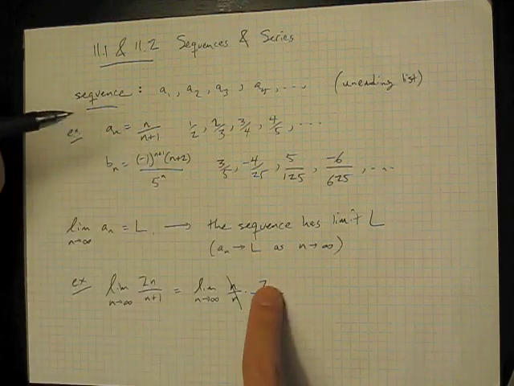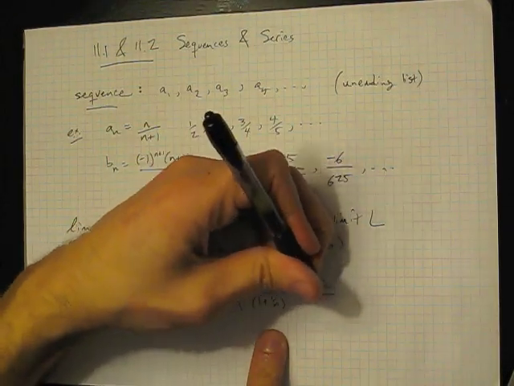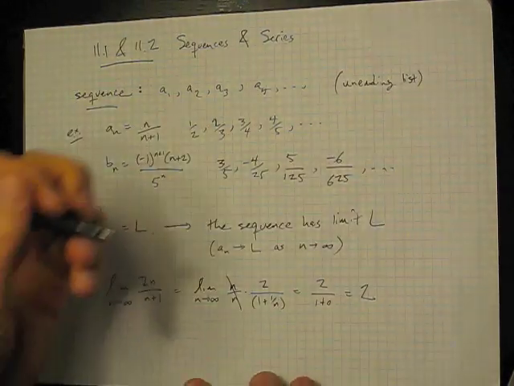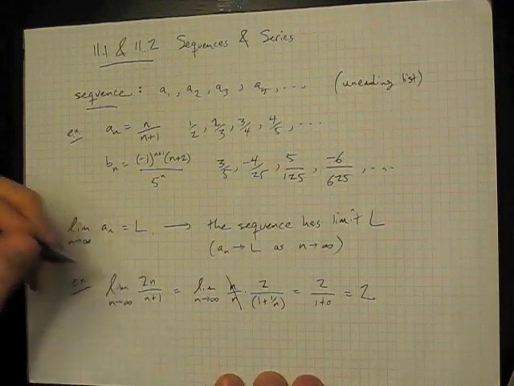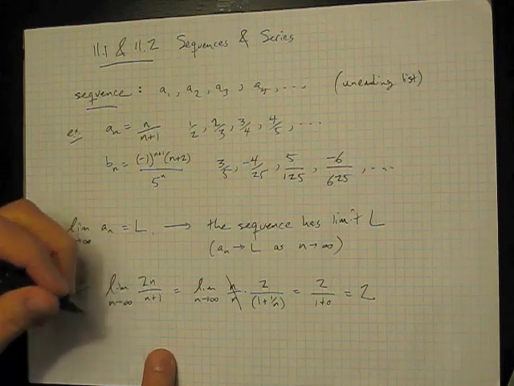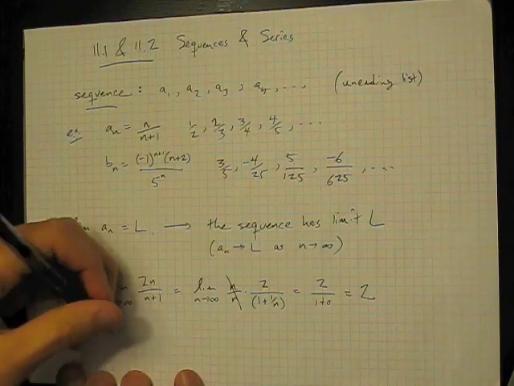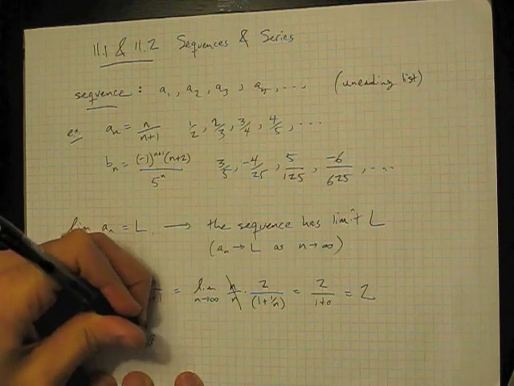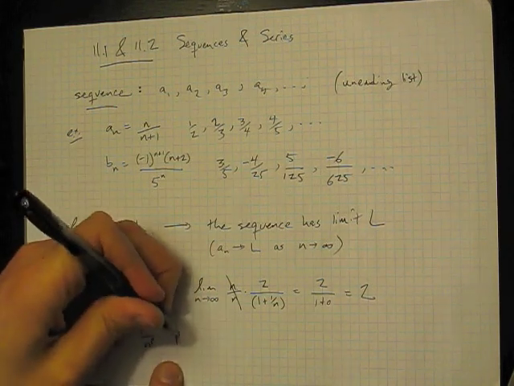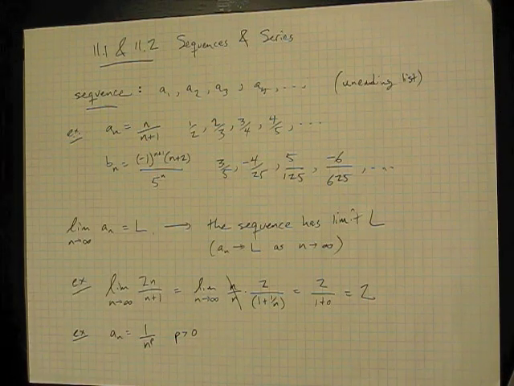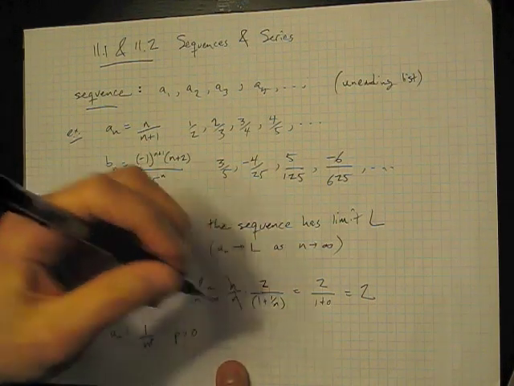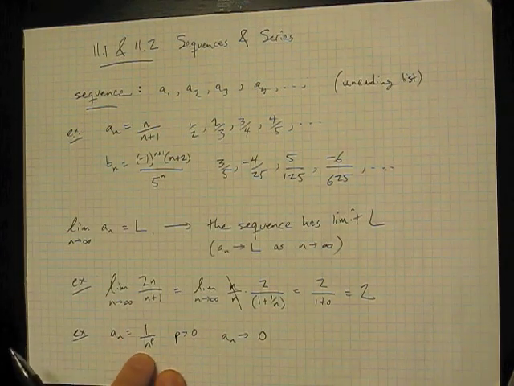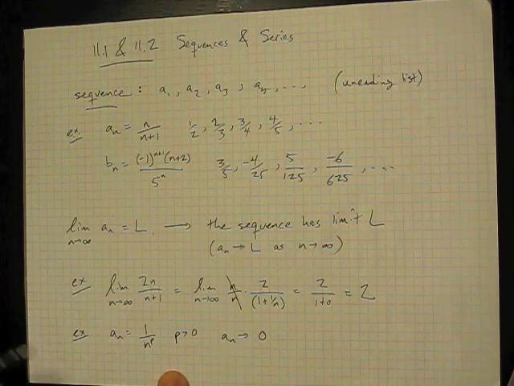Those cancel each other, and then this is going to 2 over 1 plus 0, which is 2. So the limit of this sequence is 2.